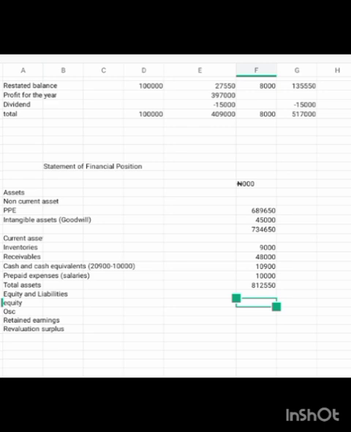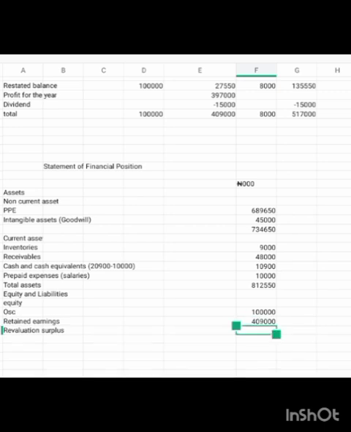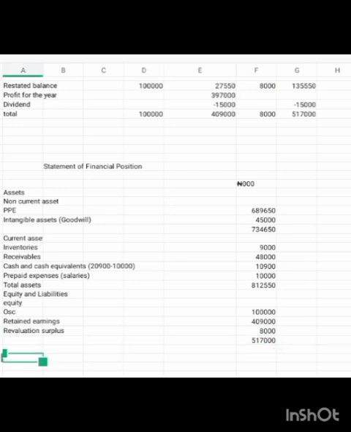Our OSC is 100 million, our retained earnings 409, and our revaluation surplus is 8. If we add the three together, we get 517,000. Then we move to our liabilities.